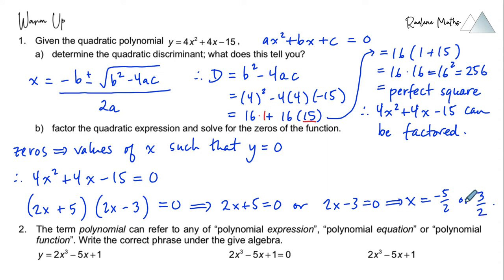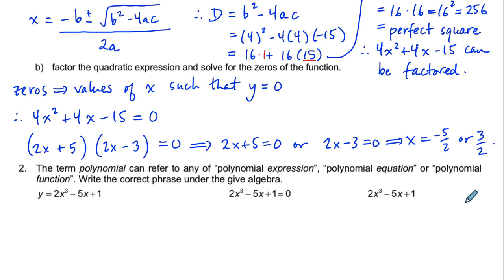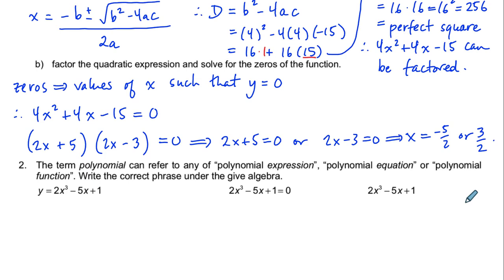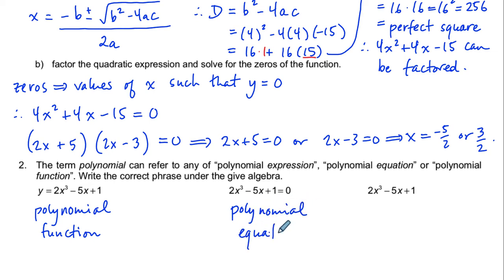The next question is asking us to identify the term polynomial as a polynomial expression, equation, or function. In the case where we have both x and y, we have a polynomial function. While we might just say polynomial, it might refer to a function, or to an equation, such as the second case where we have only one variable, or an expression, which is where there is no equal sign at all.